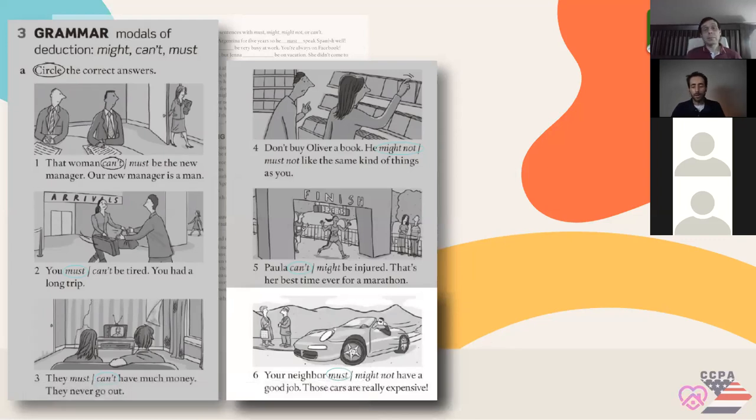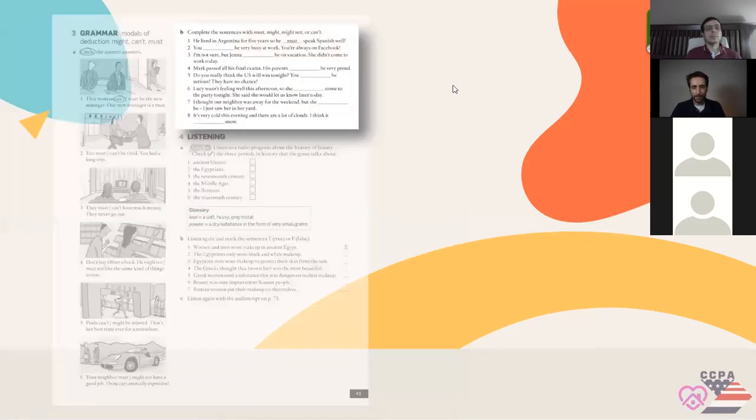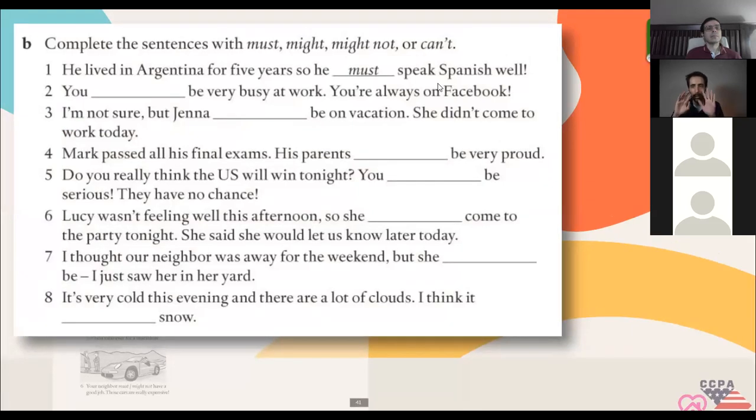Now, would you like to practice some more? Oh wait, we have exercise B to continue. So on exercise B, they give us here limited options. They give us the options of using must, might not, or can't. No could, no may, only these, just because of the options of the exercise.